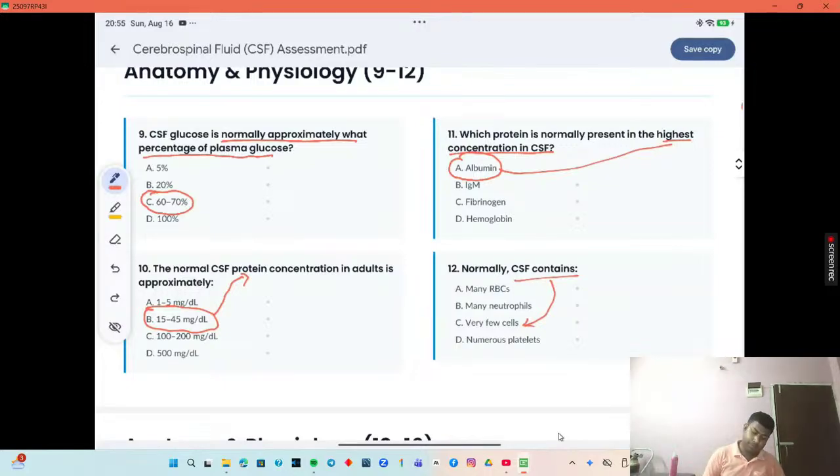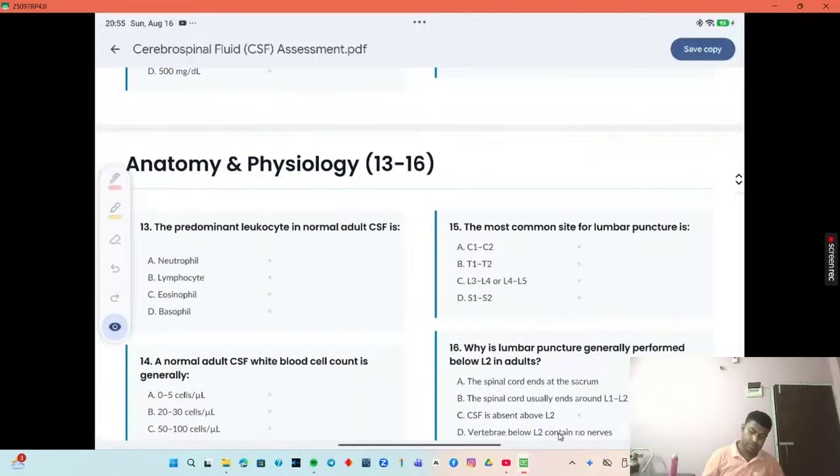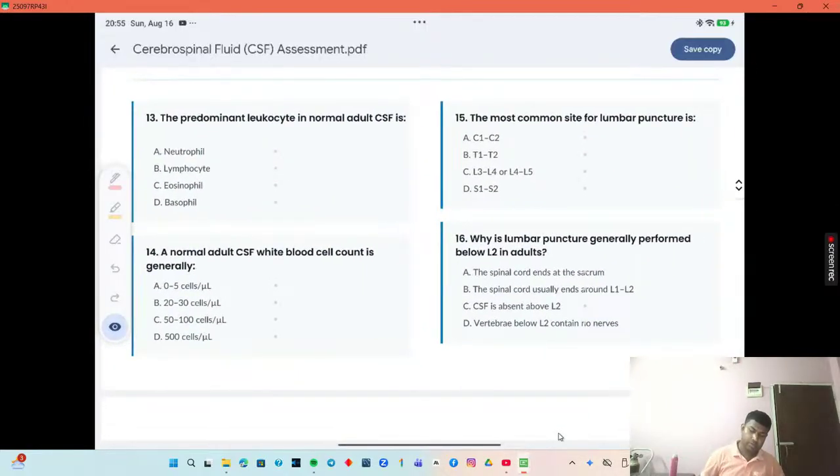Now I will move to the next question. Here the question is, the predominant leukocyte in normal adult CSF is. What is the meaning of leukocyte? Leukocyte means white blood cells. Which type of leukocyte is present in normal adult CSF?